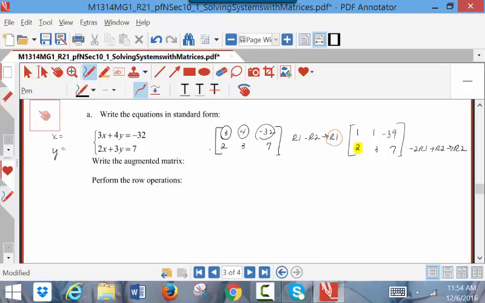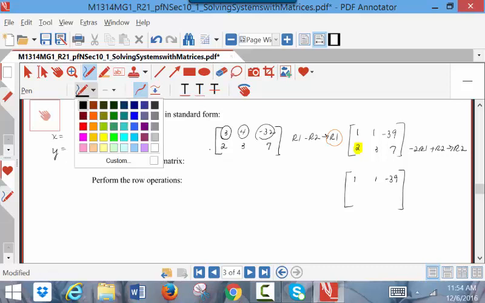So my row 2 will be changing ultimately.